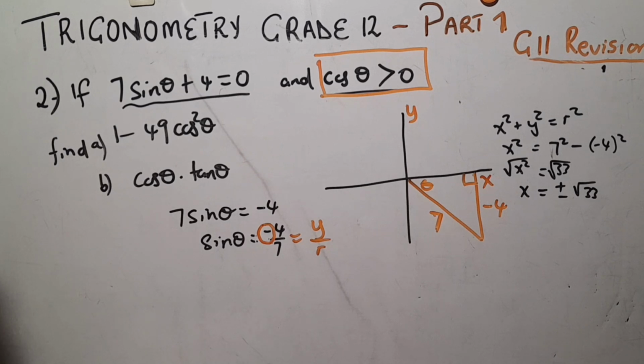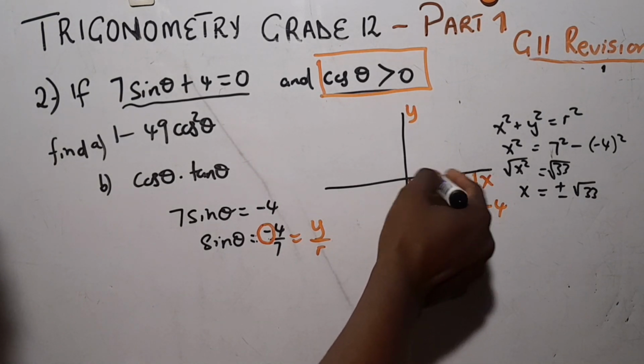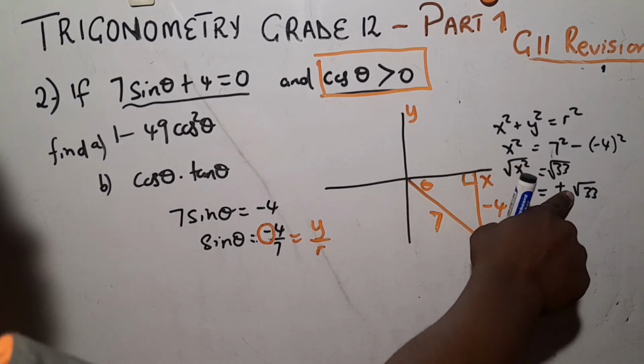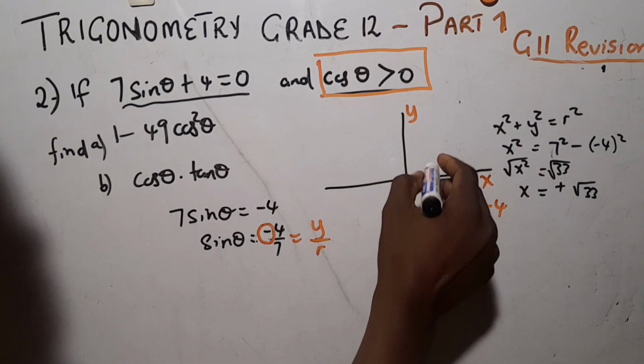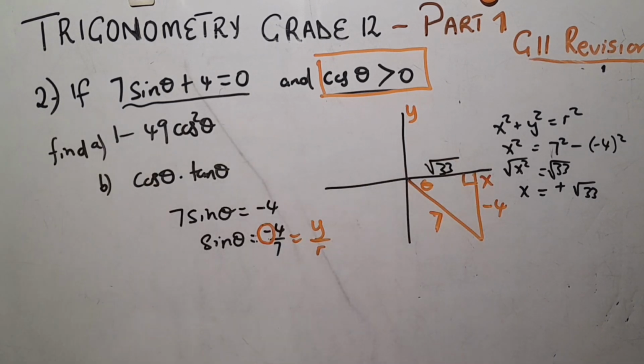Now we check which quadrant we are talking about. It is this quadrant, this side, right? So our x is positive there, so we can just remove the negative. Now we'll be left with root of 33 as positive.